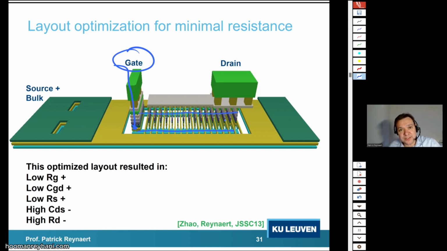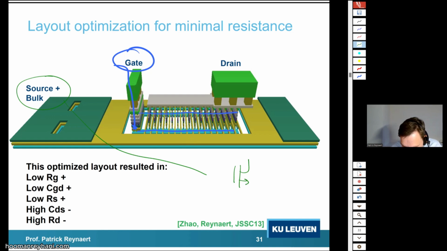Is it double connected? Yes. The best would actually be to connect it here in the middle, right? Because then you have half on the left and half on the right. We don't do that because we still try to connect on both sides. It's just a matter of which parasitic resistance you want to minimize. The sources and the bulks are all tied together. That's good.